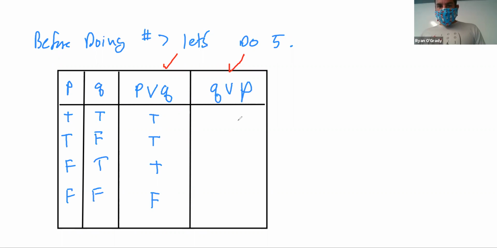Well, then the same thing happens here. If we just use the definition of or, we get the same thing. I mean, this is all there is to verifying it. It almost seems like it was redundant, right? But it's in fact not redundant. It's okay that some things don't require anything other than you writing down the definition.